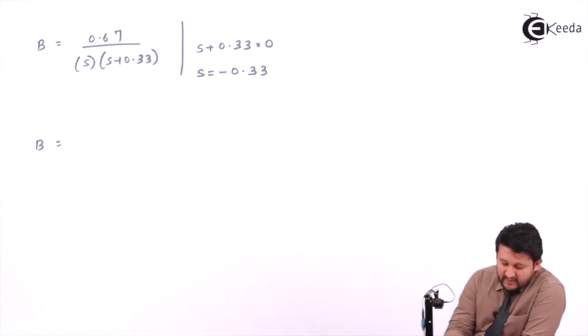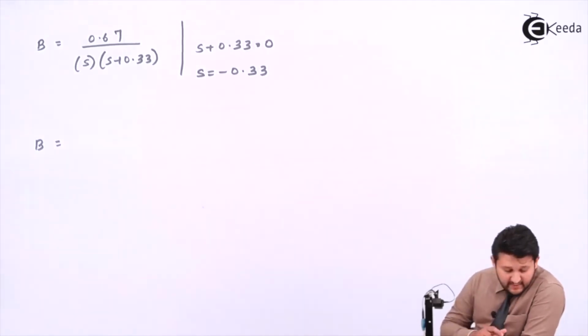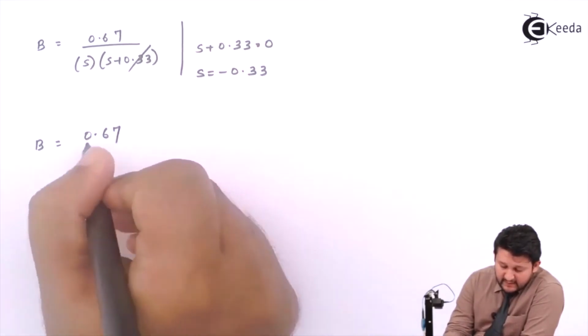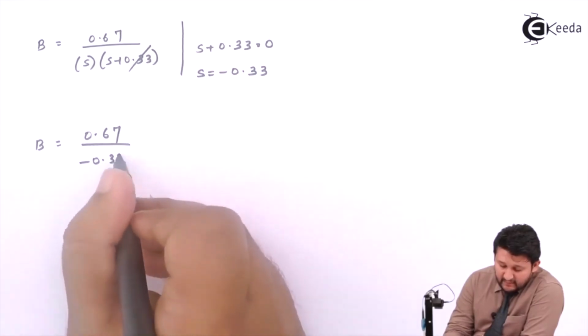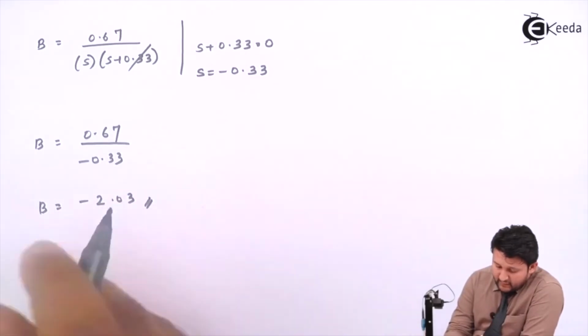So for B, in the numerator you have 0.67, and in the denominator the value for s is minus 0.33, so the cancellation will be this, and it will be 0.67 divided by minus 0.33. So the value which you get is minus 2.03.